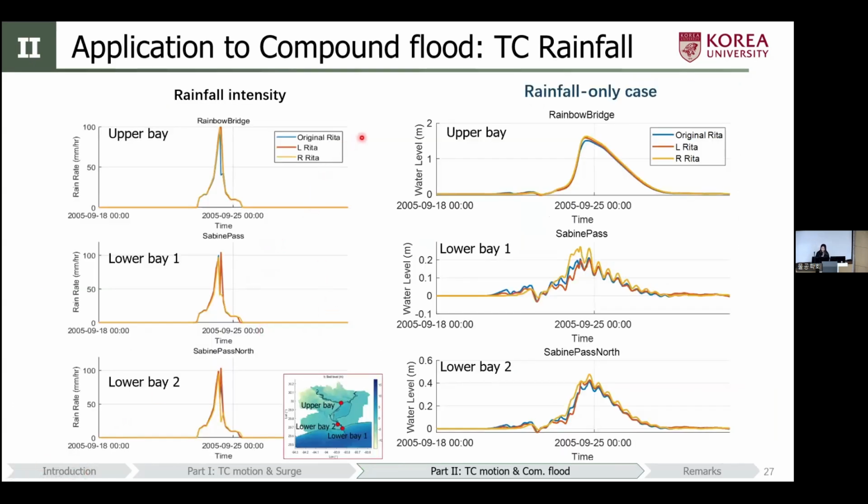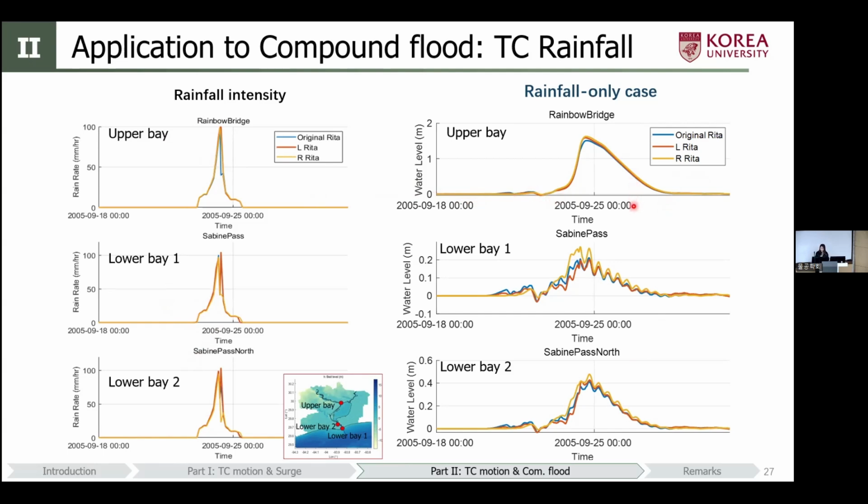And these are the results from the simulation. This is the rainfall intensity at certain observation points. This one is at the upper bay, and the other two are for the lower bay. If we check this result, we can find they have different rainfall rates, and it will induce different water levels.